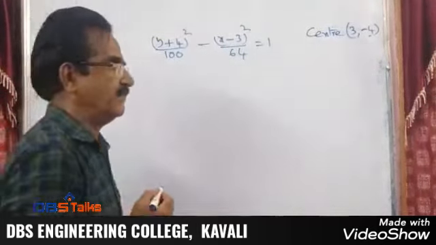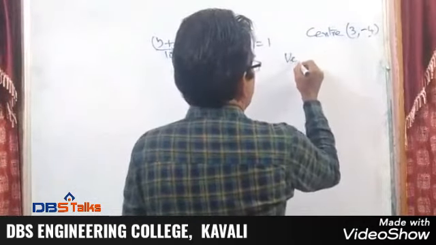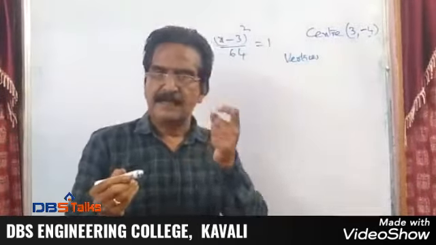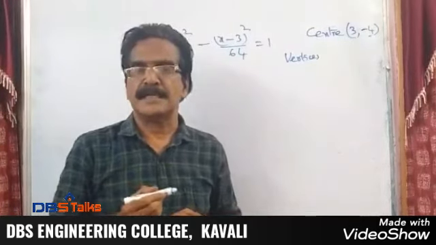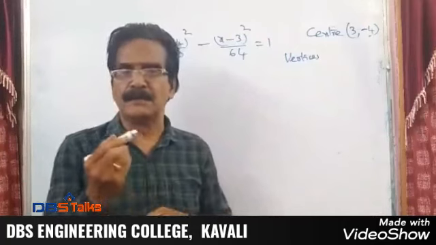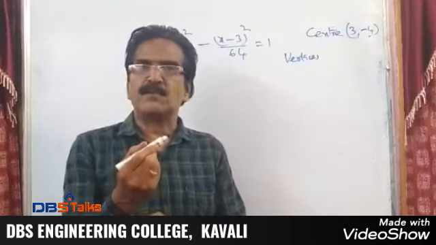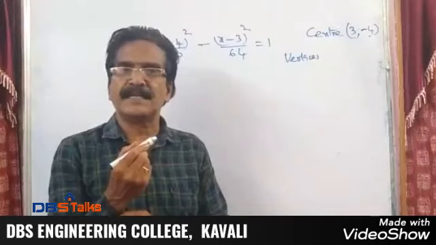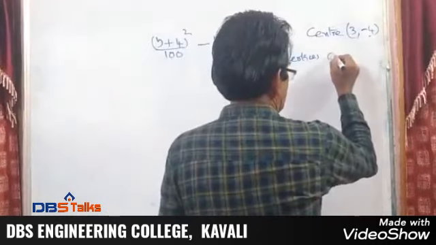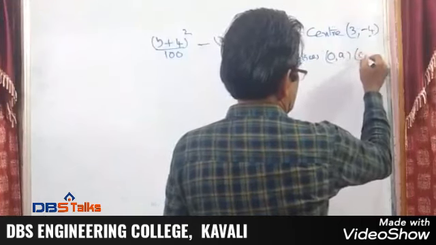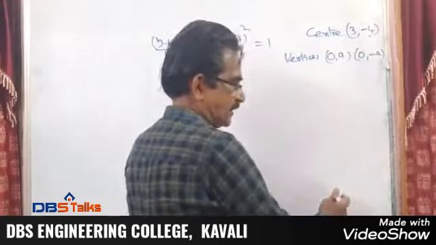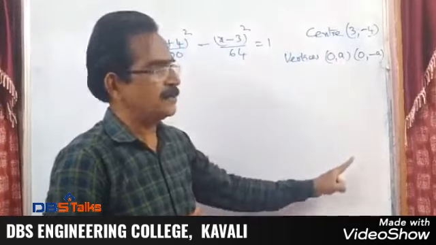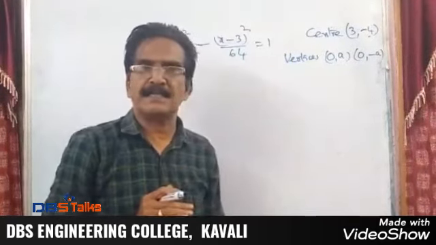Next point is vertices. Vertices for the normal standard hyperbola, that is y square by a square minus x square by b square is equal to 1, we know the vertices are 0 comma plus or minus a, that is 0 comma a and 0 comma minus a, because the transverse axis is parallel to the y-axis.